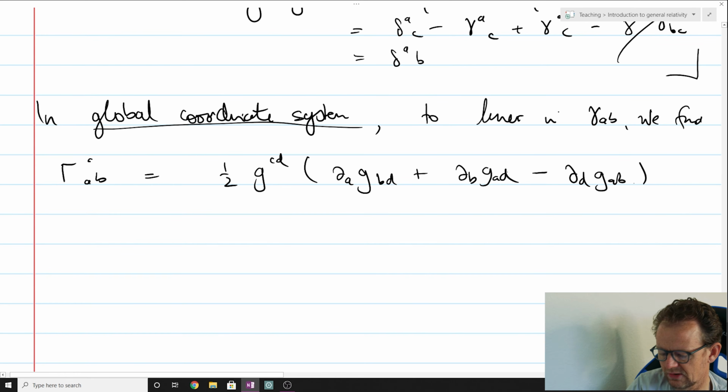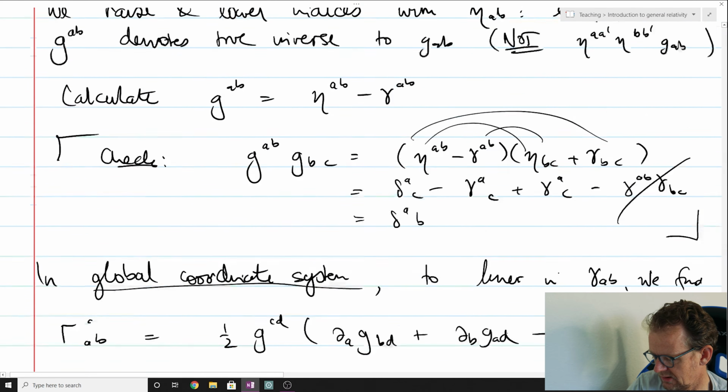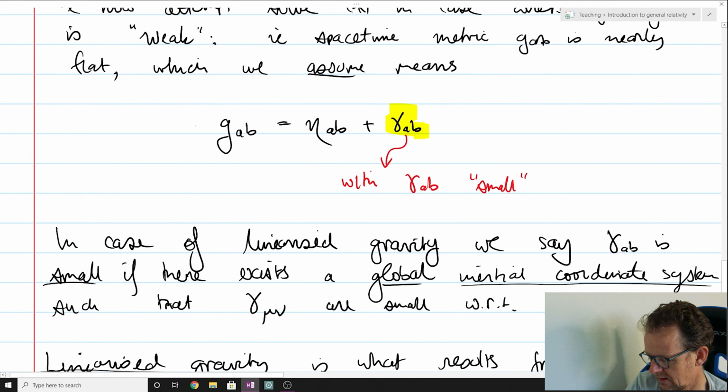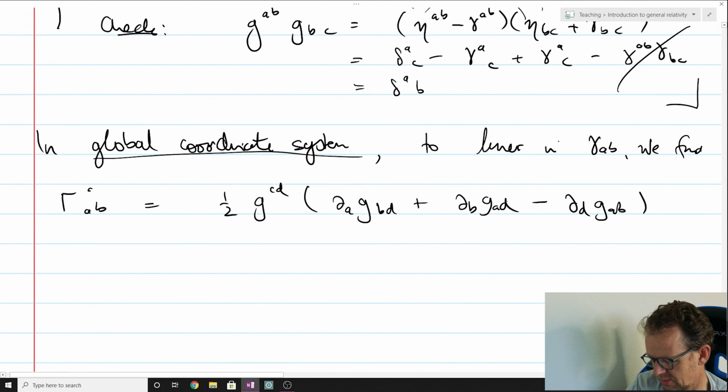Okay, that's the Christoffel symbols, but we're working to linear order in gamma now, and now a lot of these things can just cancel out. So first of all, and I'll just do these substitutions in place. The final notes won't have this equation there, but you can see them evolve as we talk. So what's GBD, right? We had an equation for that. GBD, that's the fundamental assumption of linearized gravity. It's the flat metric plus the perturbation.